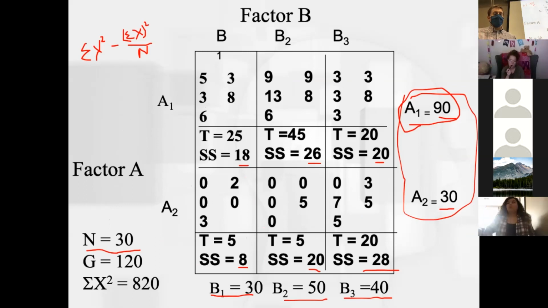And so we can kind of see what that picture looks like, right? So you've got 25 here, you've got 45 here, you've got 20, and then 5, 5, 20, right? So there was no main effect for just that temperature. There was a main effect for humidity.